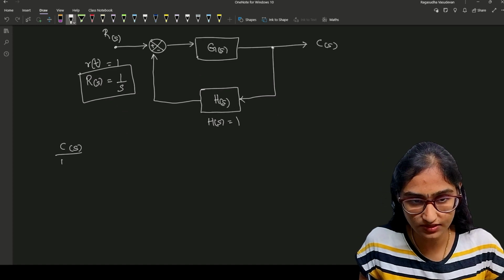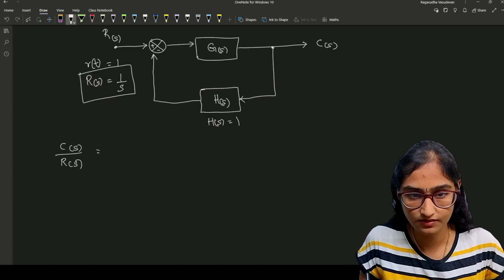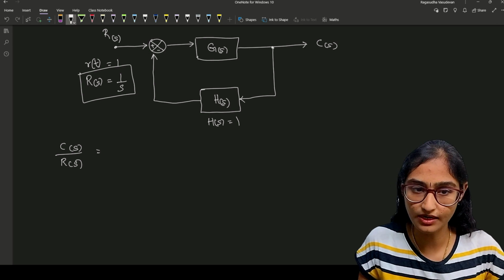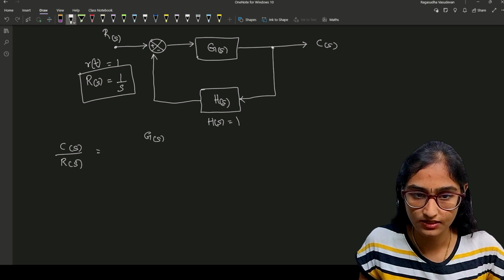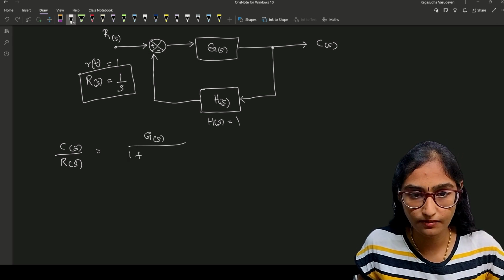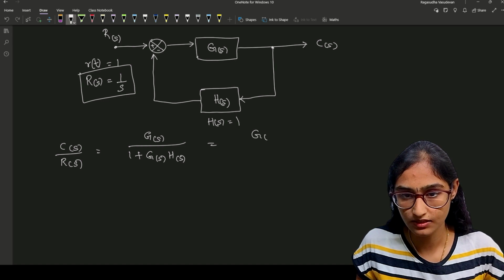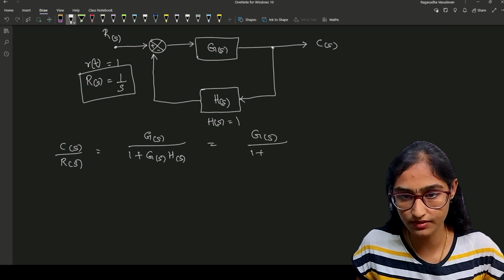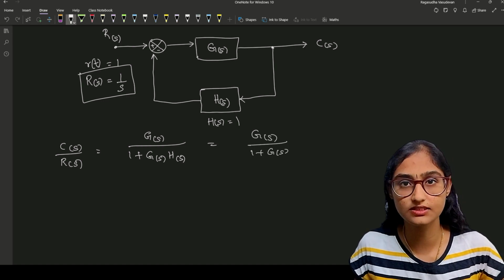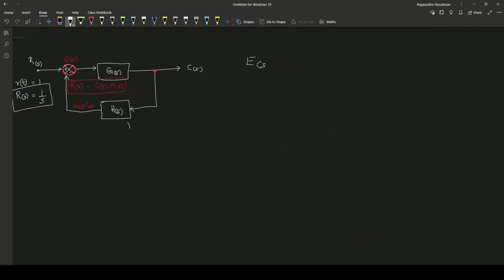The transfer function is, this is a negative feedback, so it is G(s) divided by 1 plus G(s)H(s). This is nothing but G(s) divided by 1 plus G(s), since this is a unity feedback system. The error function multiplied by G(s) is the output C(s).